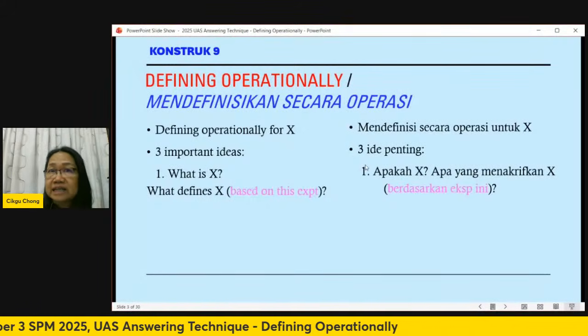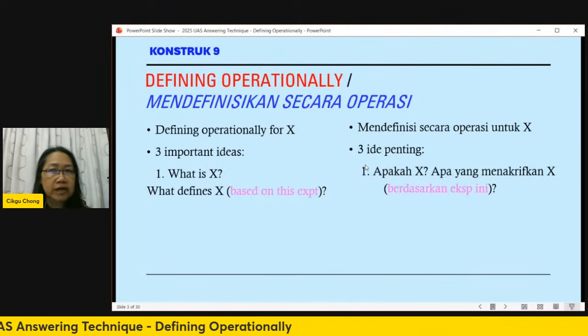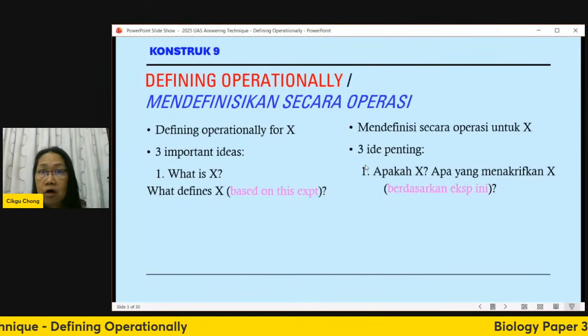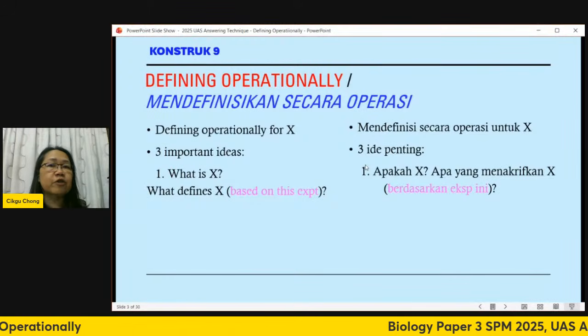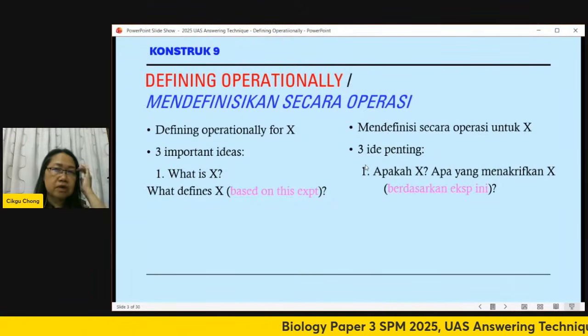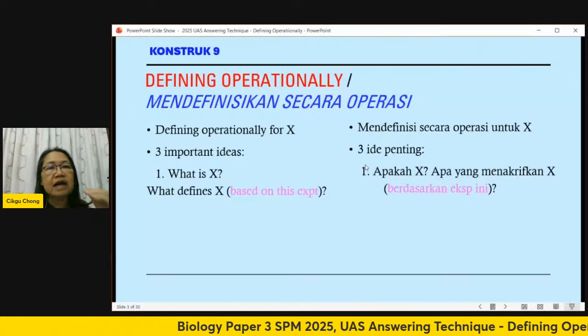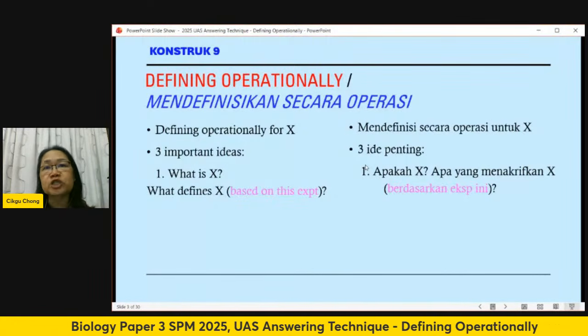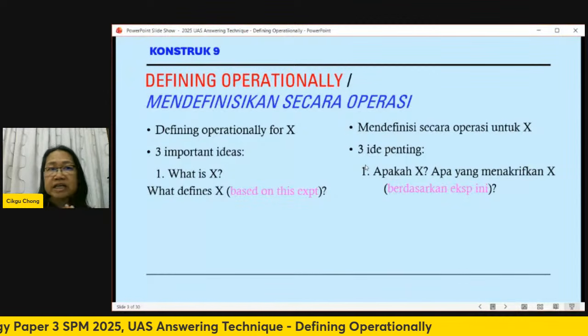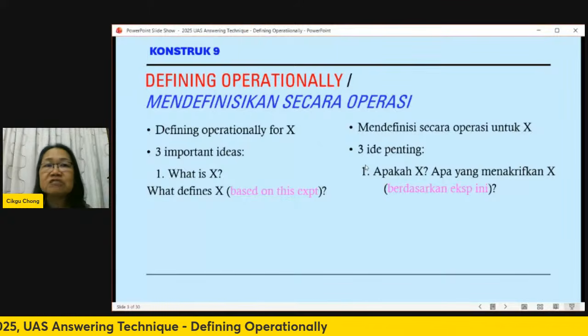So if you answer like that, all right, you may not get your marks, because it is the correct definition for diffusion, but it is wrong in the sense that you did not answer defining operationally. It is a definition, but it's not an operational definition.